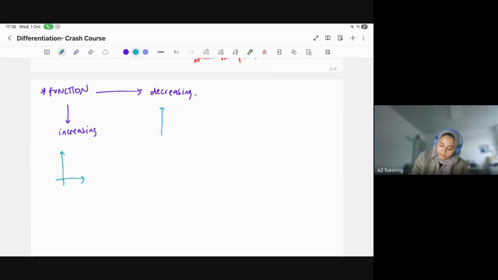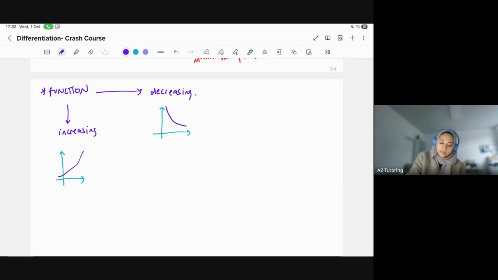Let's draw this. So as x is increasing, y is increasing. So that's an increasing function. However, if the function was decreasing, as x is increasing, then y is decreasing. So it would look like this. So that's what I mean by increasing and decreasing functions.